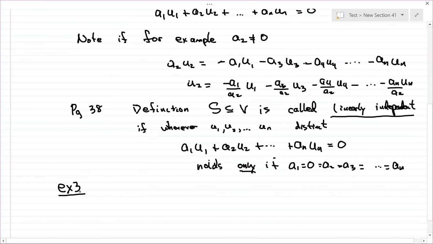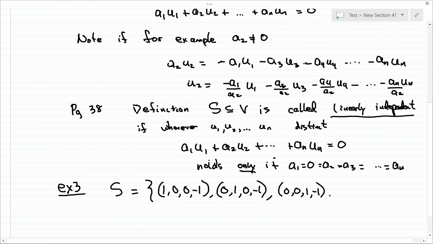They give the set S to be 4 vectors: 1, 0, 0, negative 1; 0, 1, 0, negative 1; 0, 0, 1, negative 1; and 0, 0, 0, 1.